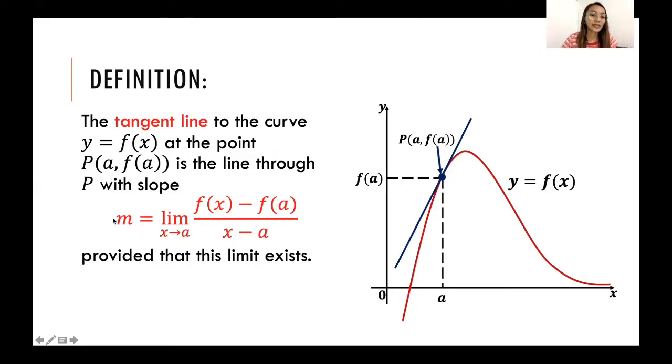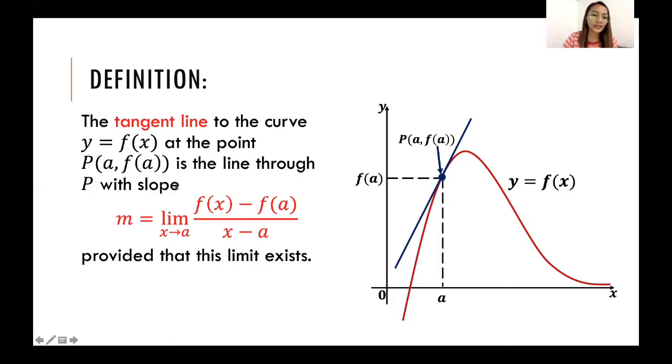So that's how you find the slope of a line. We already have the definition. Earlier, our slope was approximately -1. By using this definition, we are going to check if the slope we got earlier, which is -1, is correct.